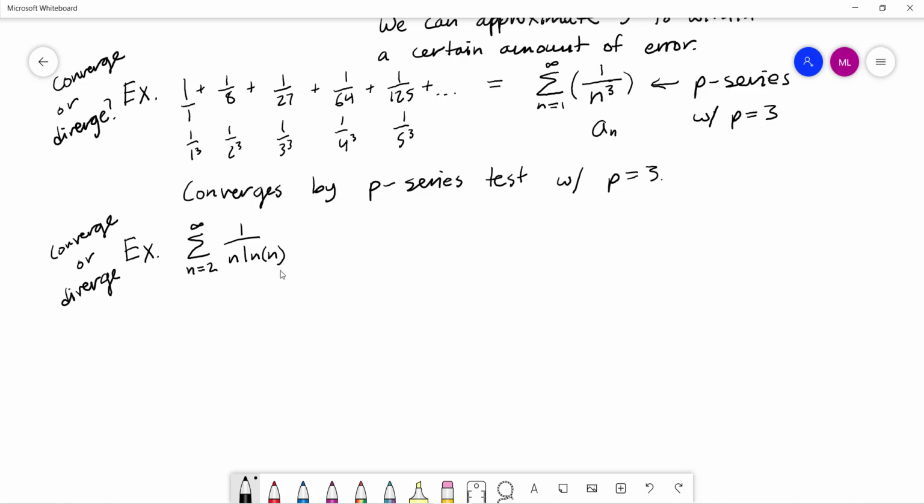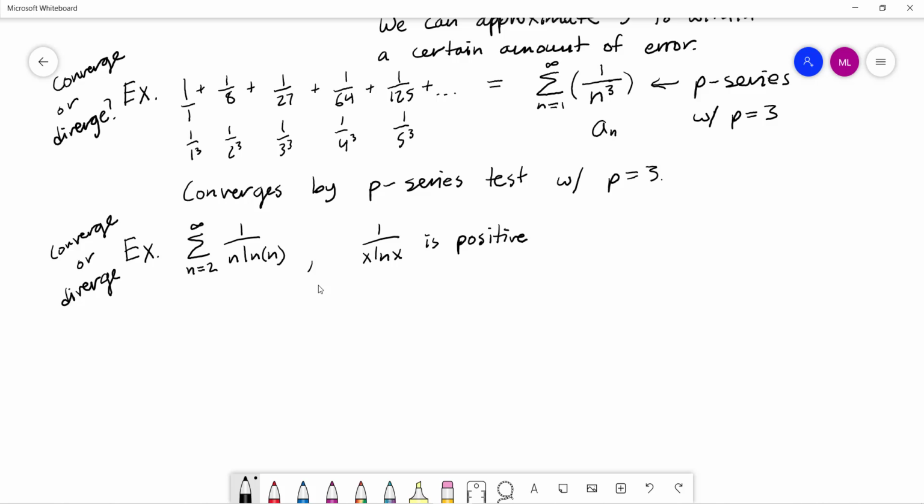Well, we can compare it to the function that I did write, 1 over x ln x, which is a continuous function, and that function is positive and decreasing as long as x is greater than 2. So 1 over x log x is positive.